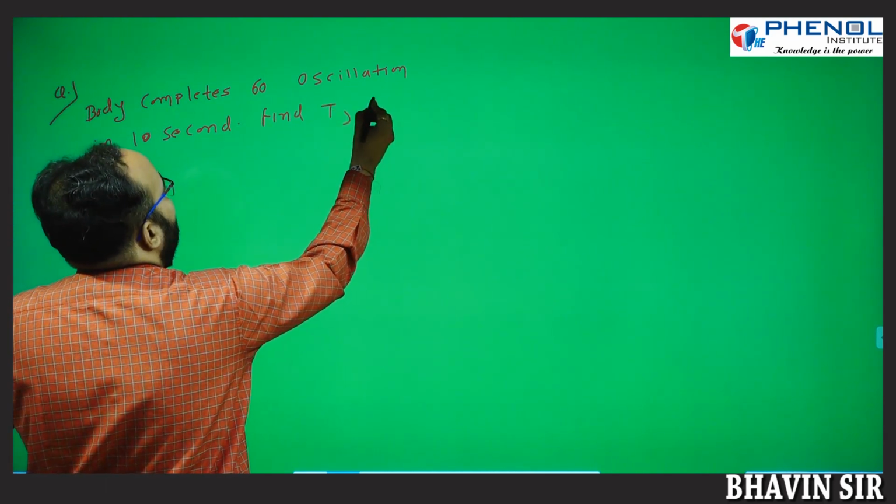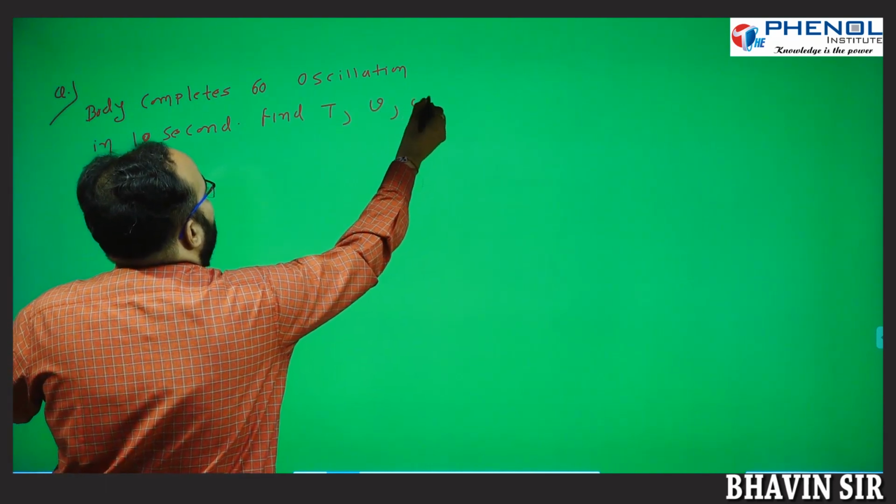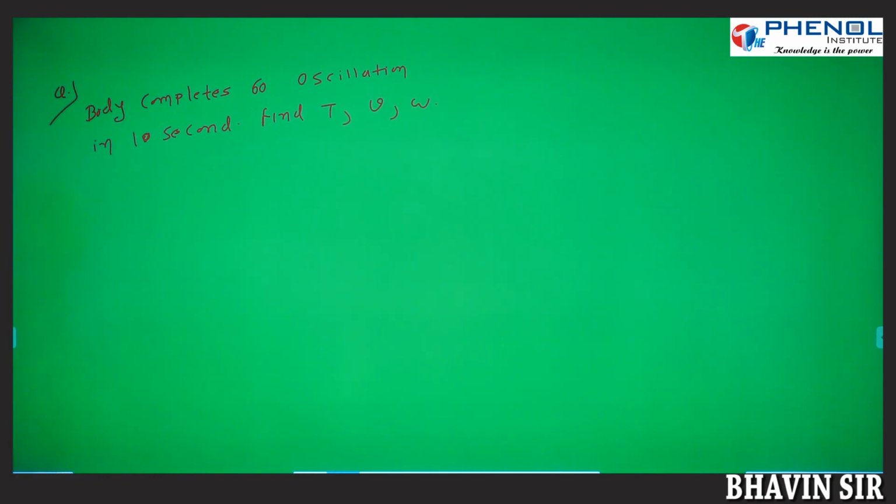Find time period, frequency and omega. Okay, very easy question, students. The body completes 60 oscillations in 10 seconds. First we want to find time period or frequency. We can find anything, students.